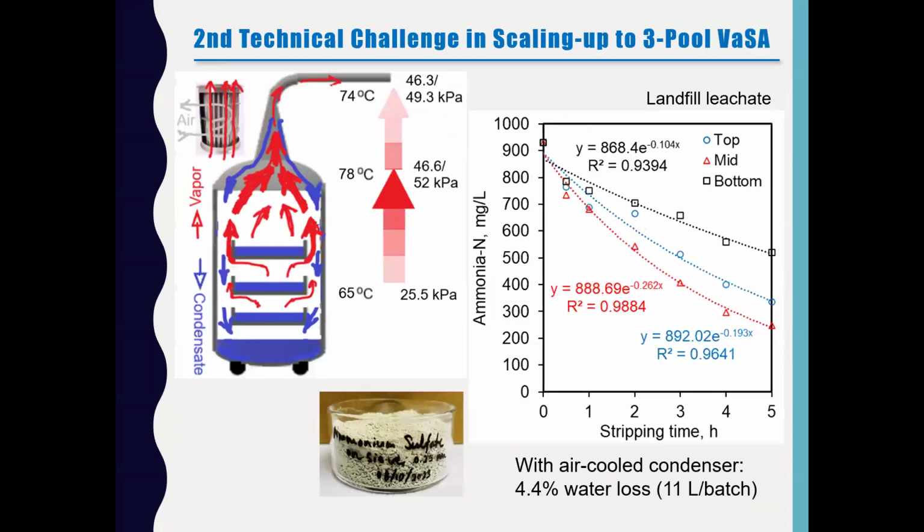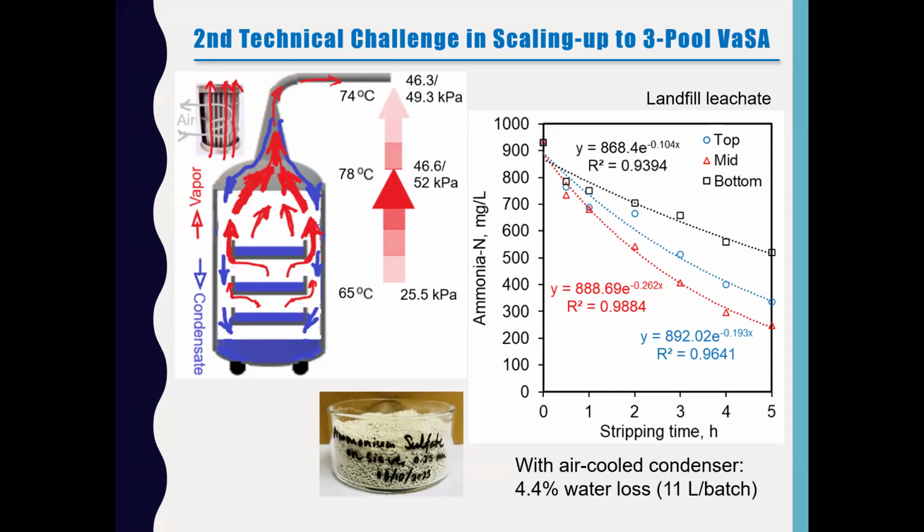So for that purpose, we added one condenser, a tube and shell condenser, inserted into the demister on the top. So more moisture can be retained and flushed back, retaining the latent heat.